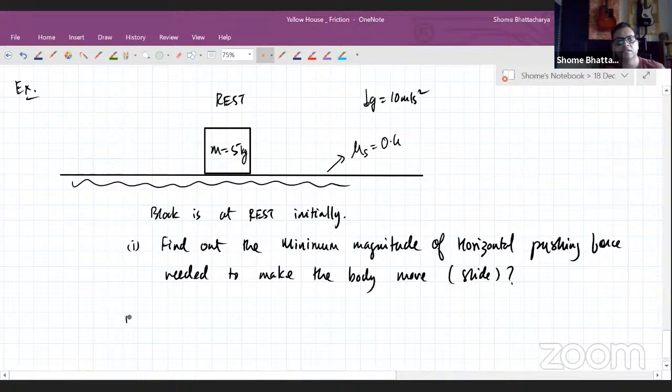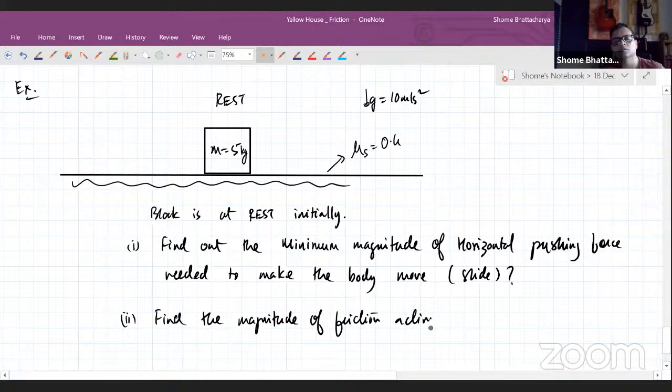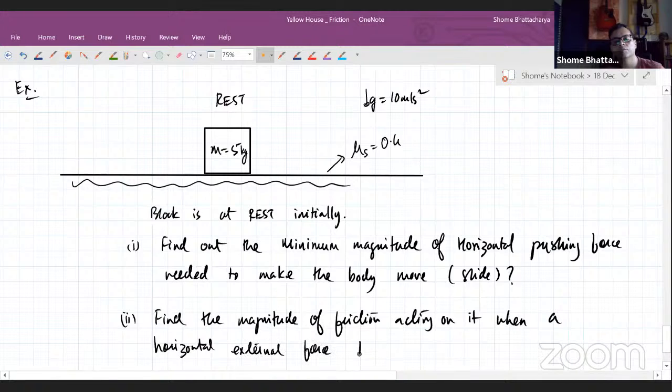Okay. Secondly, find the magnitude of friction acting on it when a horizontal external force of magnitude, so we'll do this in a few parts.